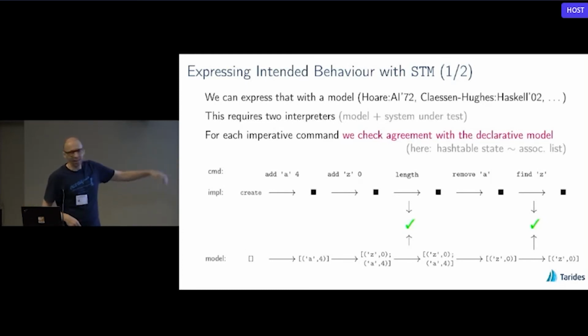So these first operations, add, return unit. So there's not much to compare, right? But at least length returns a good old integer. And so we can compare the integer we get back from Hashtbl.length, is that the same as our length operation over our model, and so on and so forth.